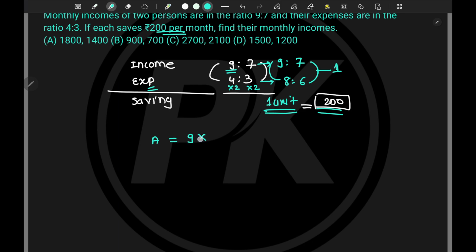It is 9 units, so 9 into 200 is 1800, which is A's income. For B's income, how many units? 7. And what is the unit cost? 200, and hence 1400 is the income of B. Hence A's income is 1800, B's income is 1400, and hence option number A is correct.